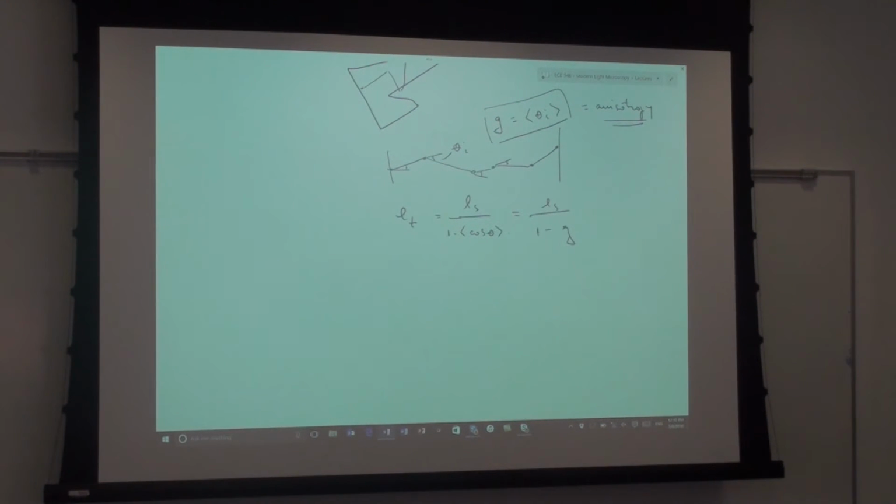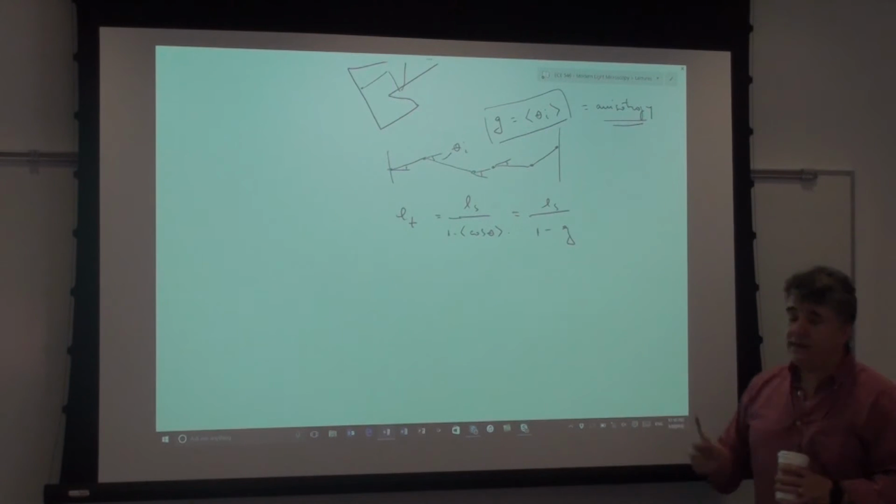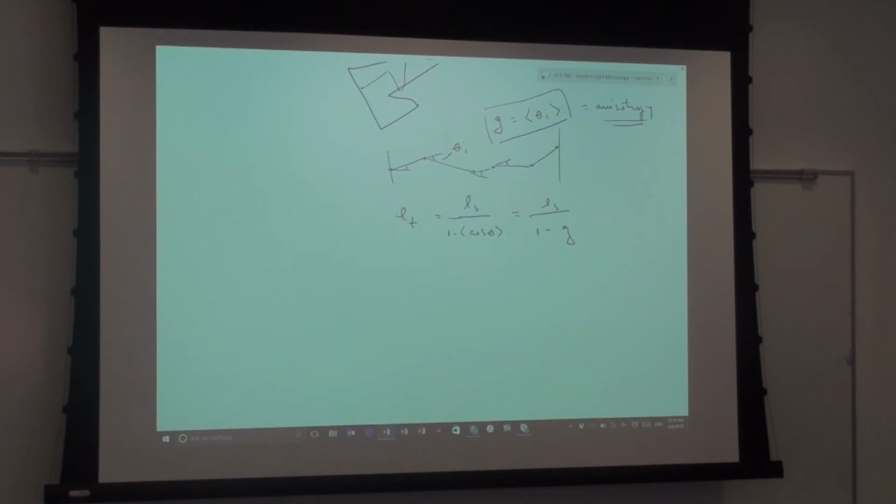Yeah? So, when the particle is very small, that implies isotropic scattering. And then the average cosine of that is 0.